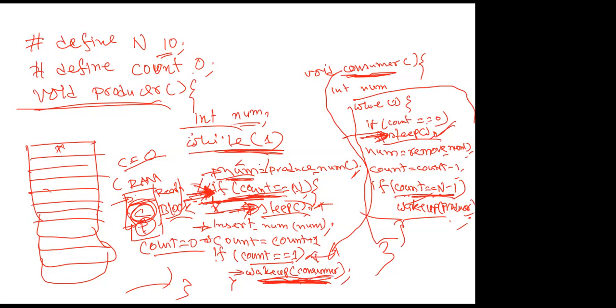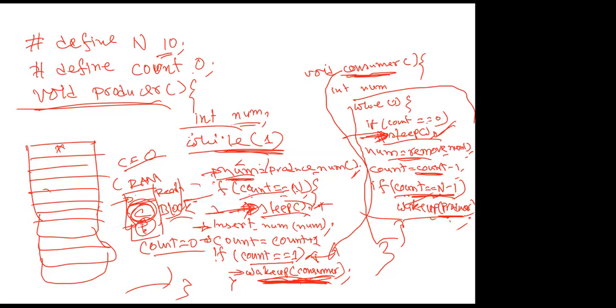Also, process P1 is in block state, waiting for the consumer process to remove a number, and then it will wake up the producer process. So the consumer process is waiting for the producer process, and the producer process is waiting for the consumer process to wake it up. But both processes are currently in block state. I think you got this point.